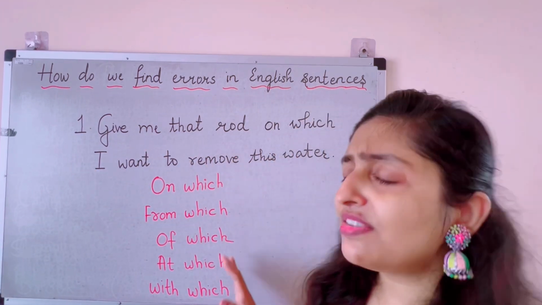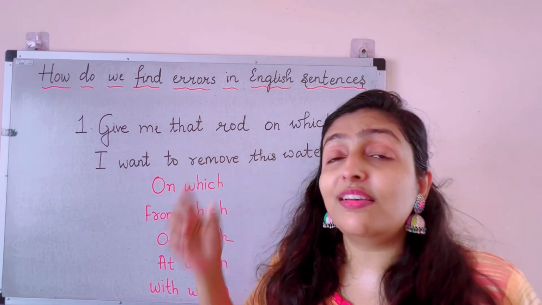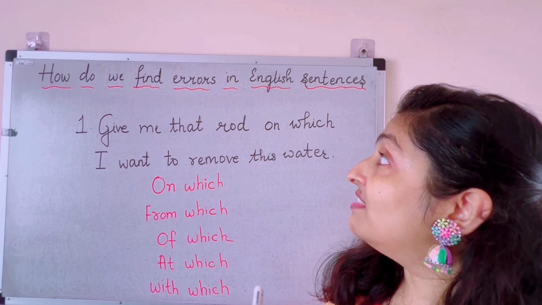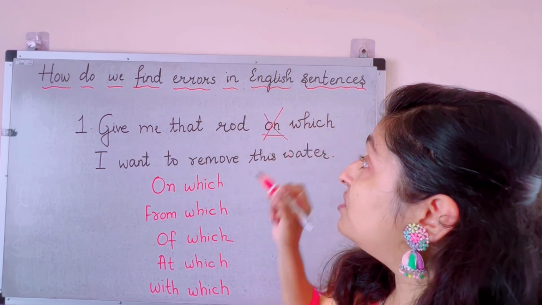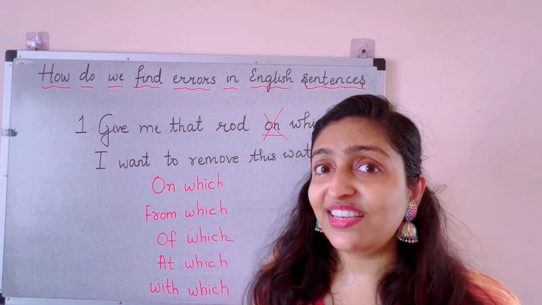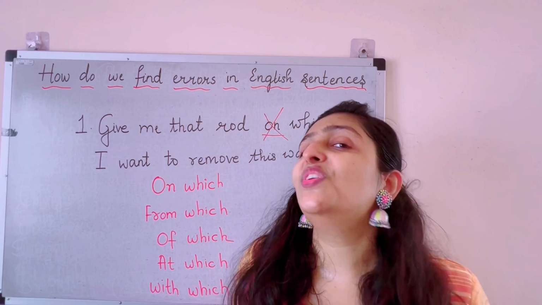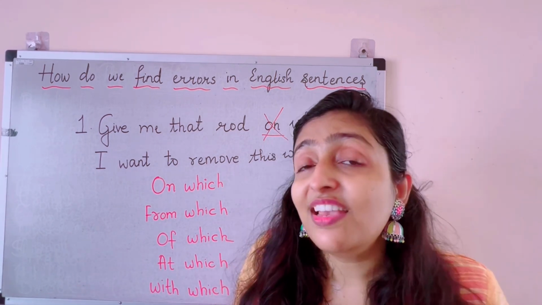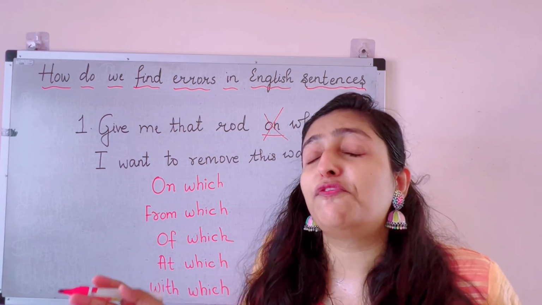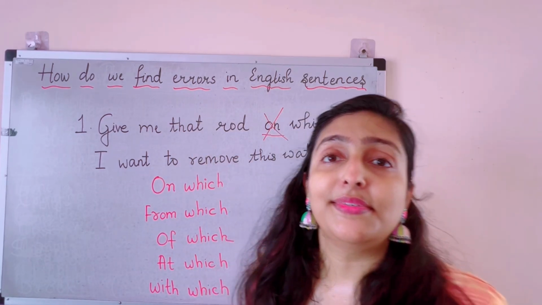So which construction among these would fit in the sentence? Give me that rod with which I want to remove this water, because with which is the construction which addresses or refers to a tool or an equipment or an instrument.